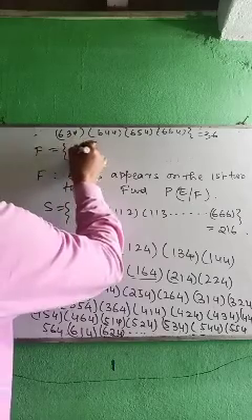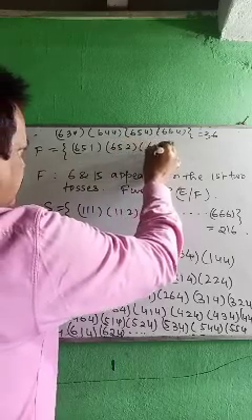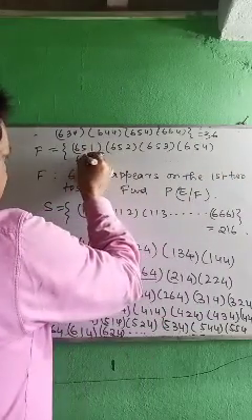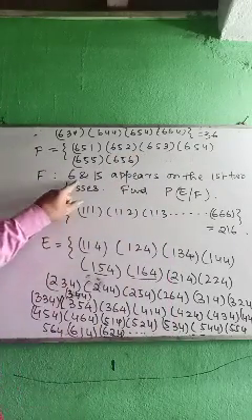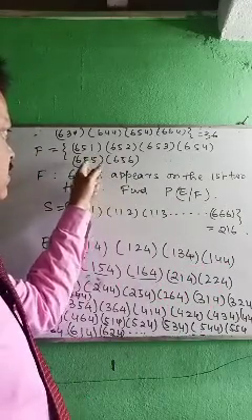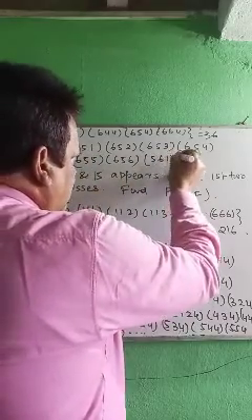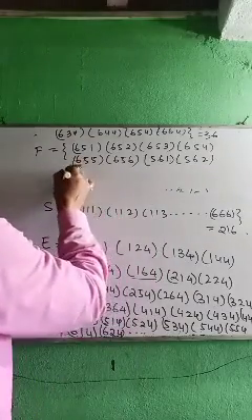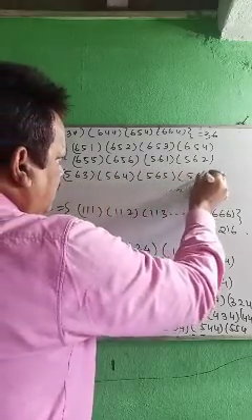So that means it is 6 5 1, 6 5 2, 6 5 3, 6 5 4, 6 5 5, 6 5 6. 6 and 5 appearing on the first two tosses could also be 5 6 1, 5 6 2, 5 6 3, 5 6 4, 5 6 5, 5 6 6.